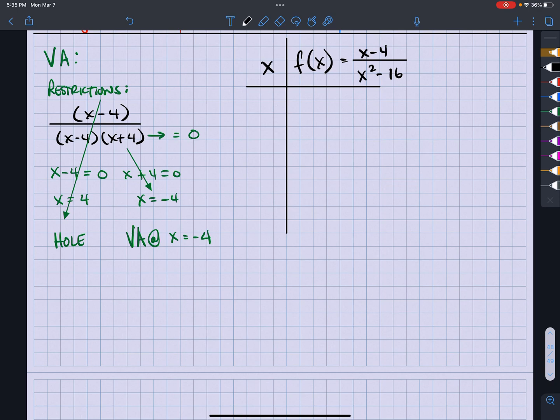All right, so I know that my vertical asymptote is at negative 4. So I want to know what's happening to the left of it and also to the right of it.